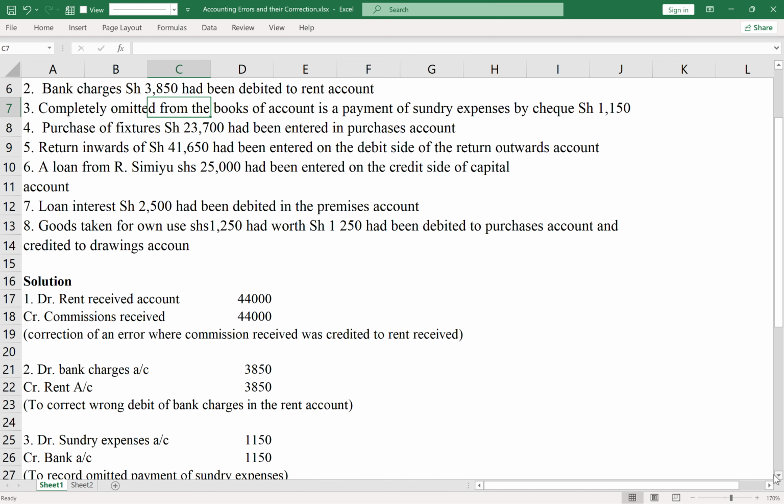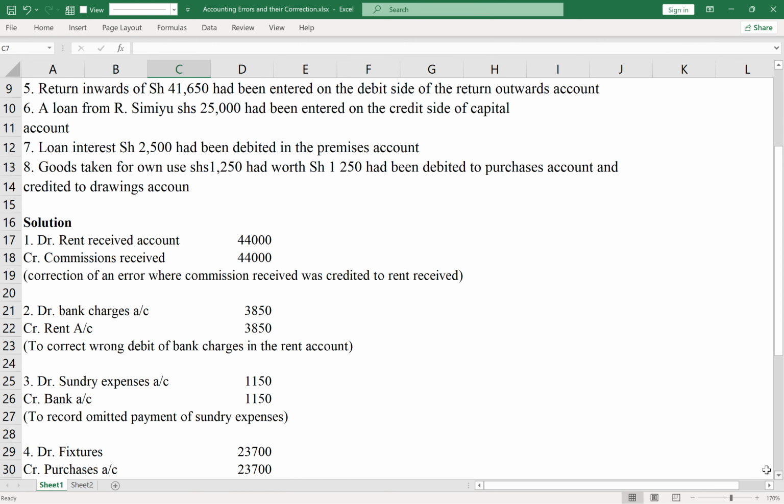We are going to debit the sundry expense, and then we credit the check or the bank. So here we shall say with the same amount of money, 1,150, then we shall narrate: to record omitted payment of sundry expense. Then we go to number 4.